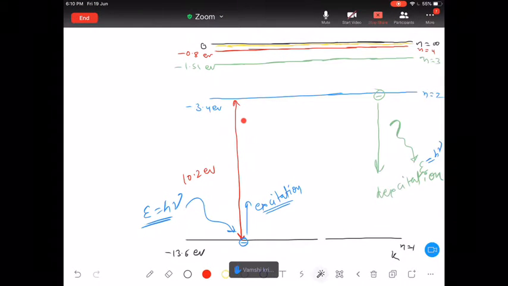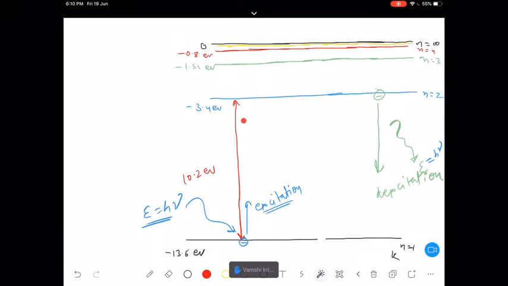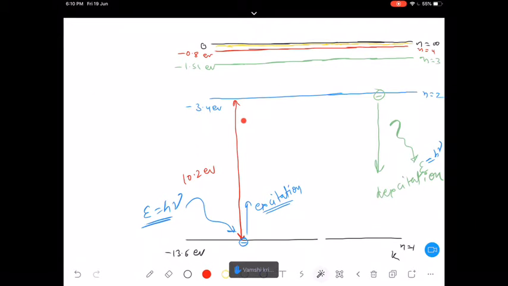Sir, when an electron moves from the first shell to the third shell, will the energy be positive or negative, sir? The sign just indicates whether work is done by the system or work is done on the system.